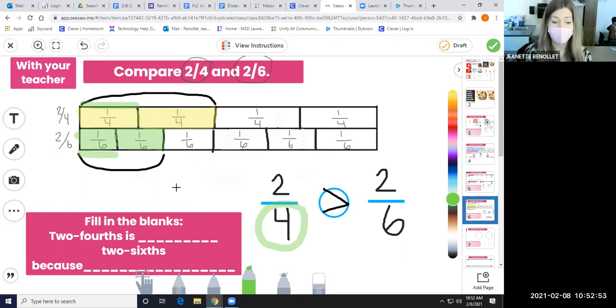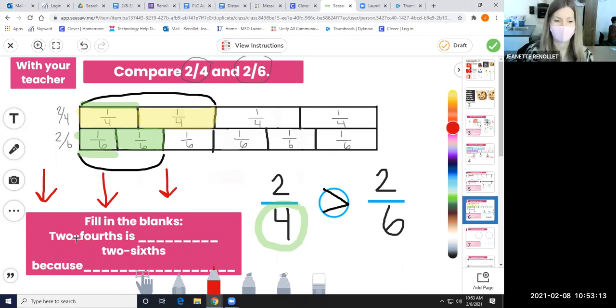After you write your comparison, we need to justify our thinking. Today you have a fill in the blank on every page. Here is where we can justify and explain our thinking using math vocabulary.